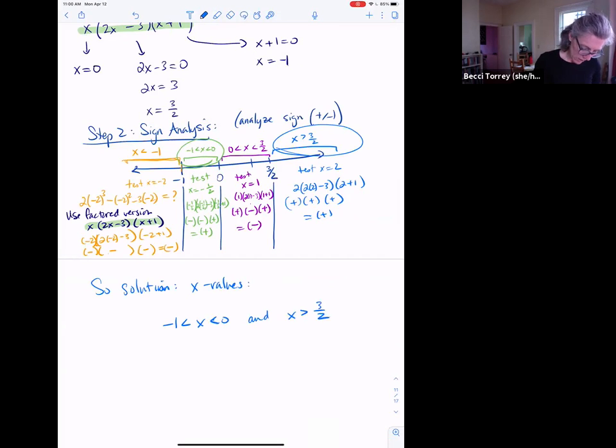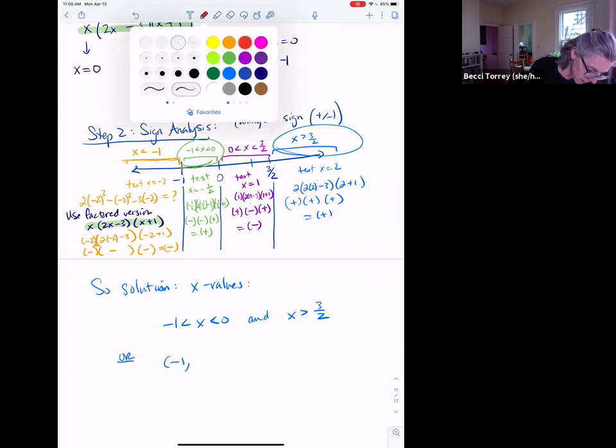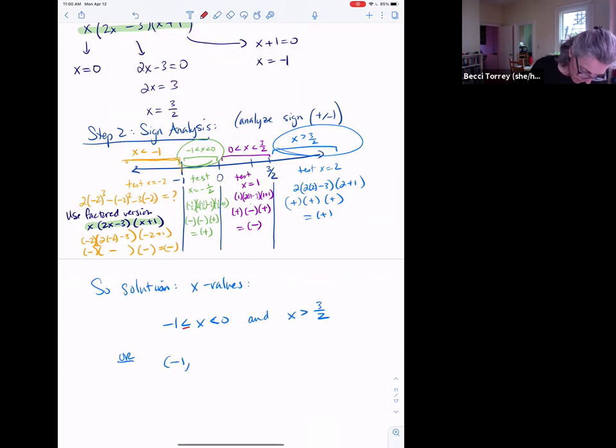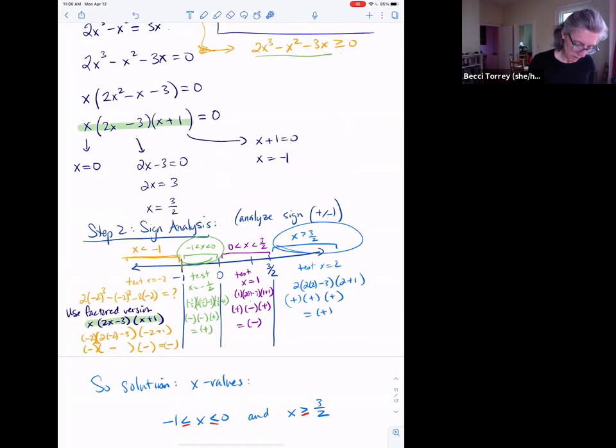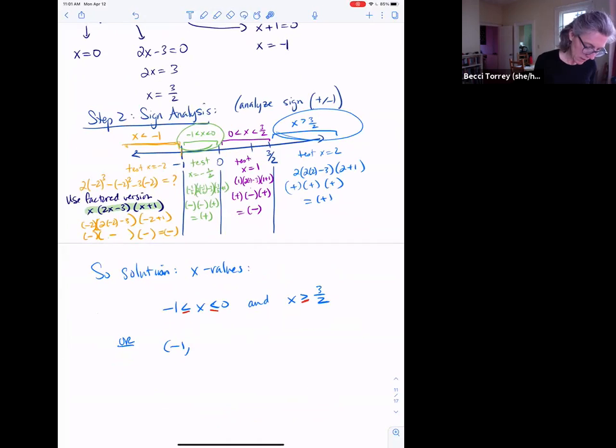In interval notation, oh, actually, I'm going to change this a little bit. We need -1 less than or equal to, because when we plug those numbers in, we get equal to 0, and equal to 0 should be part of our solution. So we have -1, and that's going to give us a square bracket over here. -1 to 0, union 3/2, and then you can go forever and ever in the positive direction.